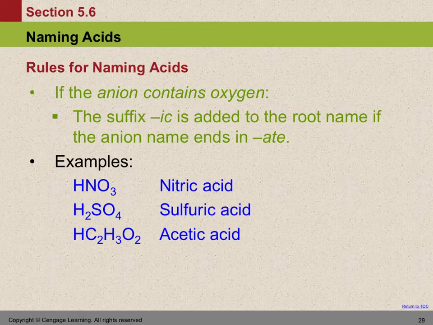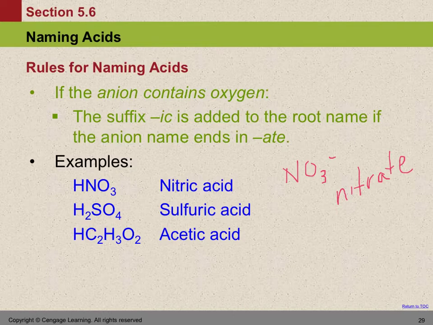These rules apply if our anion contains an oxygen. We add the suffix "ic" if our root name has an ate. So for example, NO3 minus is called nitrate.